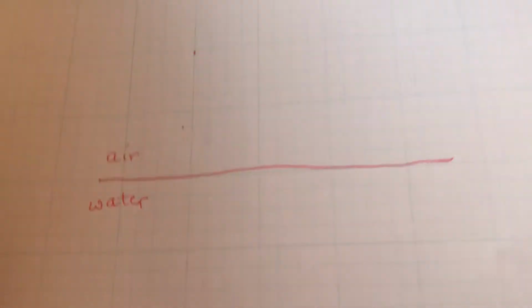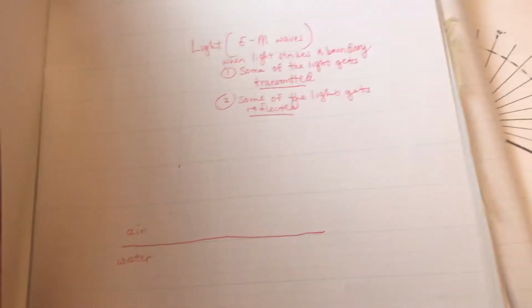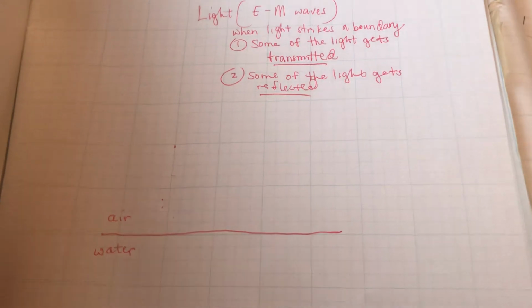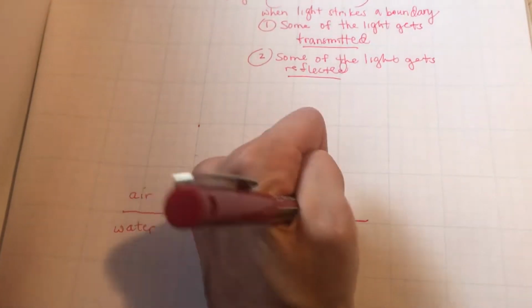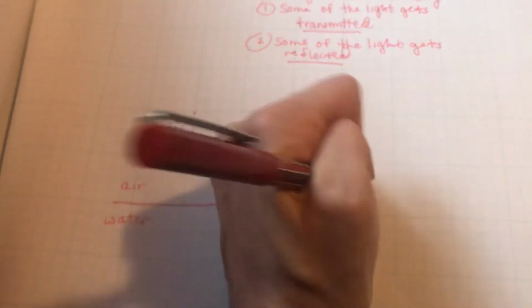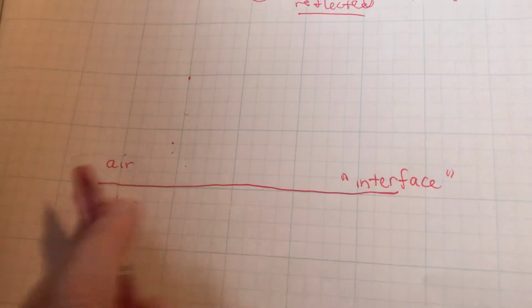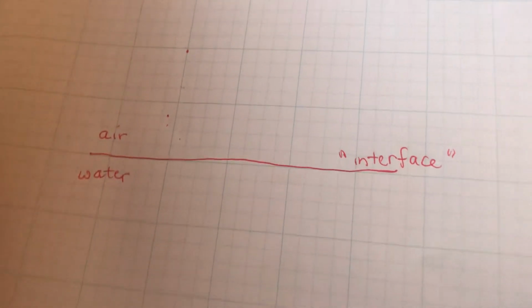Let's say there is ambient light that is striking the surface of your pool. So here we have a boundary, in other words, what I'm going to call an interface. An interface is just the boundary that separates medium 1 and medium 2.